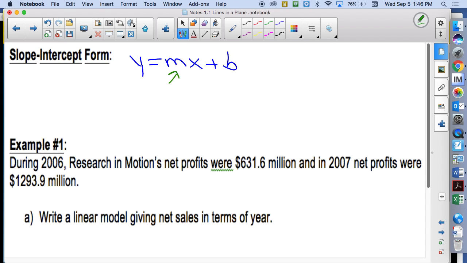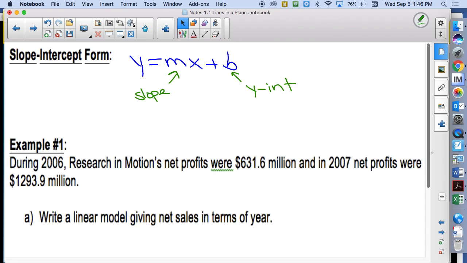This is the one everybody thinks of when you think of a line, y equals mx plus b. So the slope is the m. As Chelsea said, it's the movement of the line. M means movement. Y-intercept is b. You begin with b when you're graphing. So it begins, connects, crosses over the y-axis.